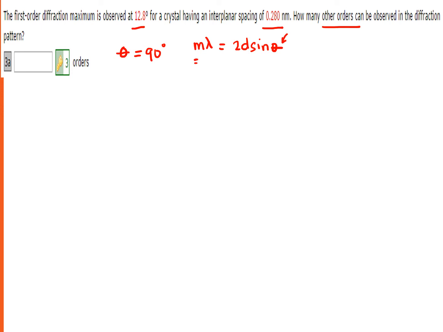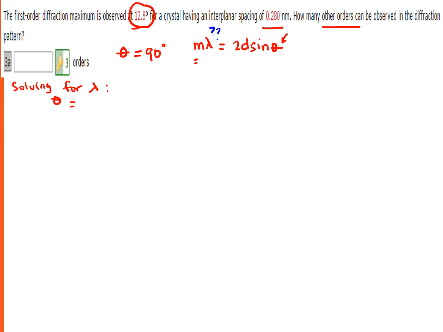However, we do not know what our wavelength is, but we could solve for it given the rest of the givens in the problem. So solving for lambda, we have the following givens.